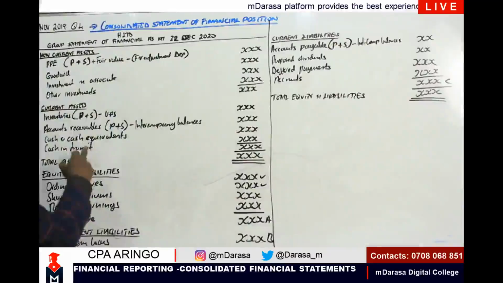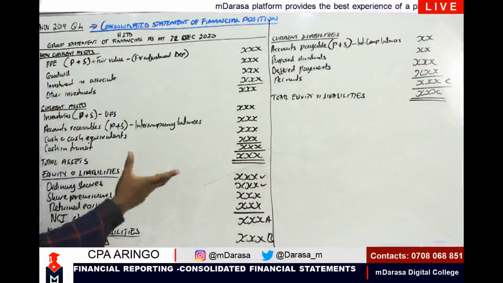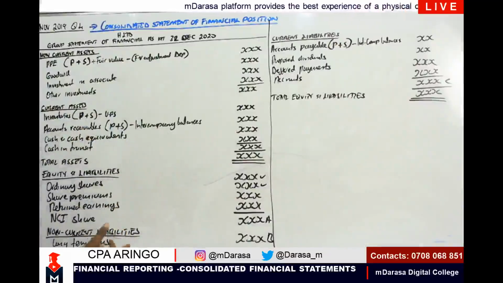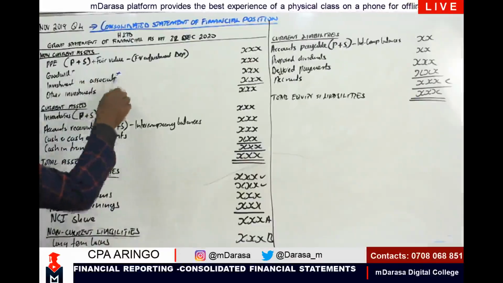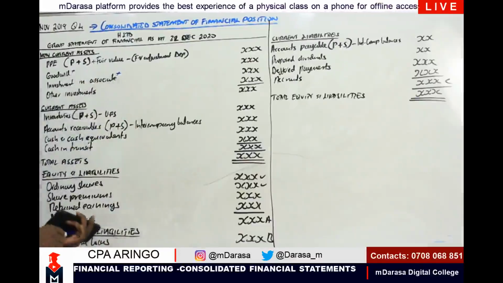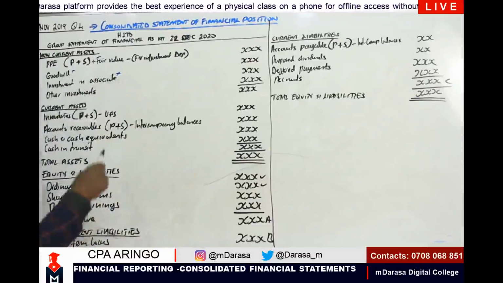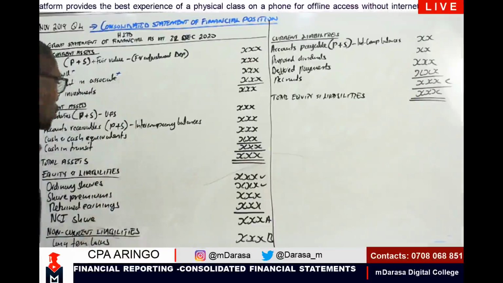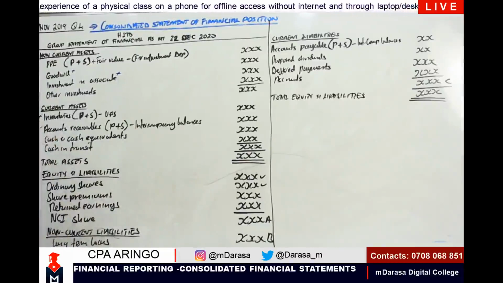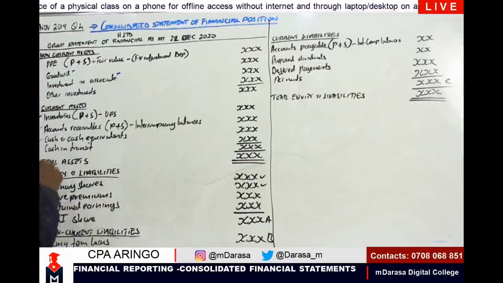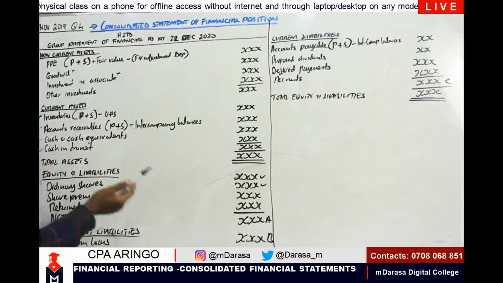You'll find that some of the items here are just direct. You take them, except maybe you'll be required to calculate goodwill or investment in associates. Other items are direct. Like inventories, if you've determined your UPS, things will be very direct. Accounts payable, you just adjust with whatever intercompany balances you're given. Cash equivalents direct, cash in transit will come direct.